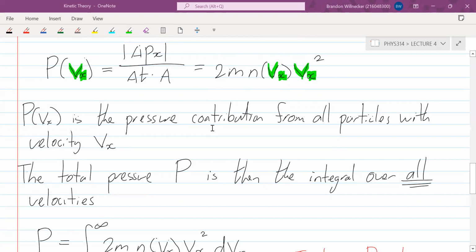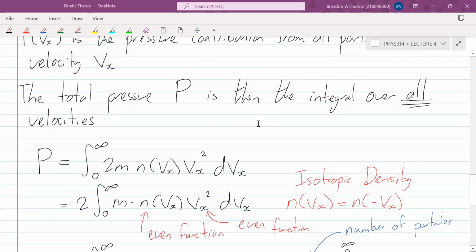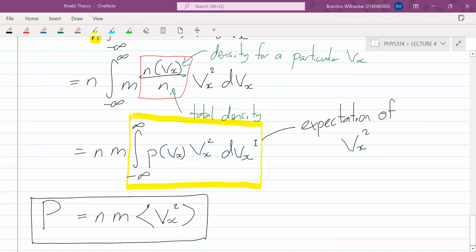Okay, and then through integrating over all possible Vx, we arrived at the following expression for the pressure. So that was the particle density times the mass times the expected value for the velocity squared. But all of this was done for Vx.